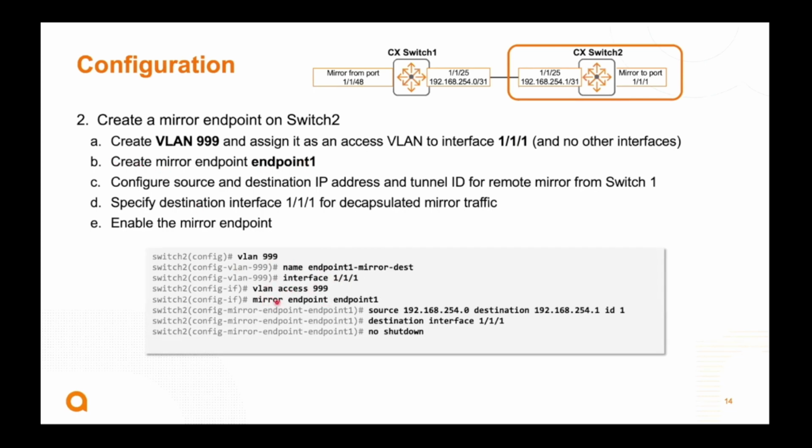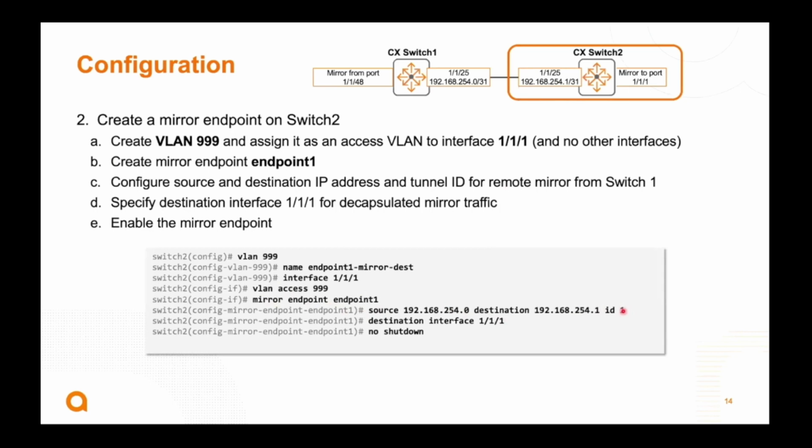Once we've done that, we create the actual mirror endpoint. So we create mirror endpoint, endpoint 1. We configure the source and destination IP address and the tunnel ID for the remote mirror session from switch 1. So we do source 192.168.254.0, which is switch 1's IP, destination being switch 2's own IP address, and ID 1, because we are using this for mirror session 1 on switch number 1.